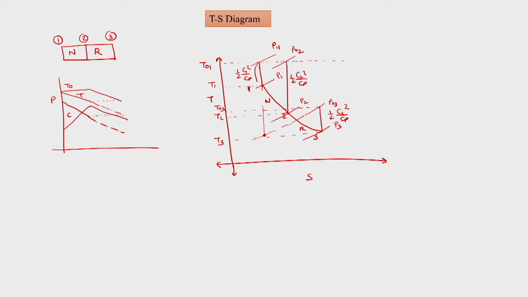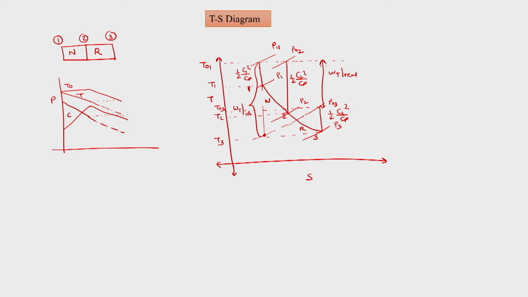So this would have been the turbine work in the ideal condition, but this is our turbine work in the real condition. So this is the velocity TS diagram for the turbine.